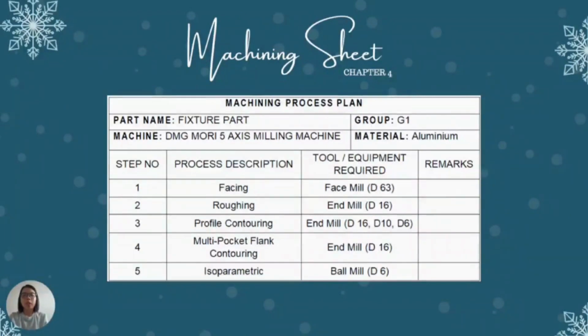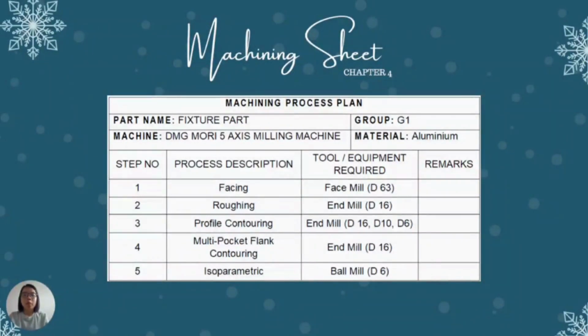Next, I would like to present the machining sheet for our machining process plan. The part name of our project is picture part. The number of our group is group 1. The machine used for our machining process is a DMG Mori 5-axis milling machine.